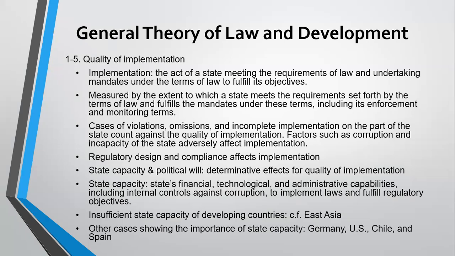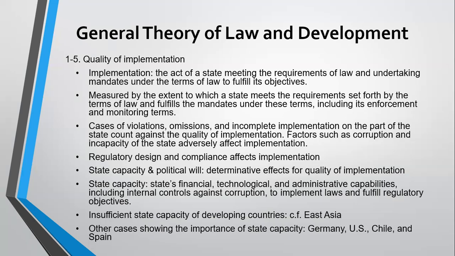So going back to the previous example, the quality of implementation is the effectiveness and the degree by which the state was able to identify qualified industries, and then the transparency and effectiveness in making grants, and also the result, how those grants actually worked to facilitate and improve the industries.